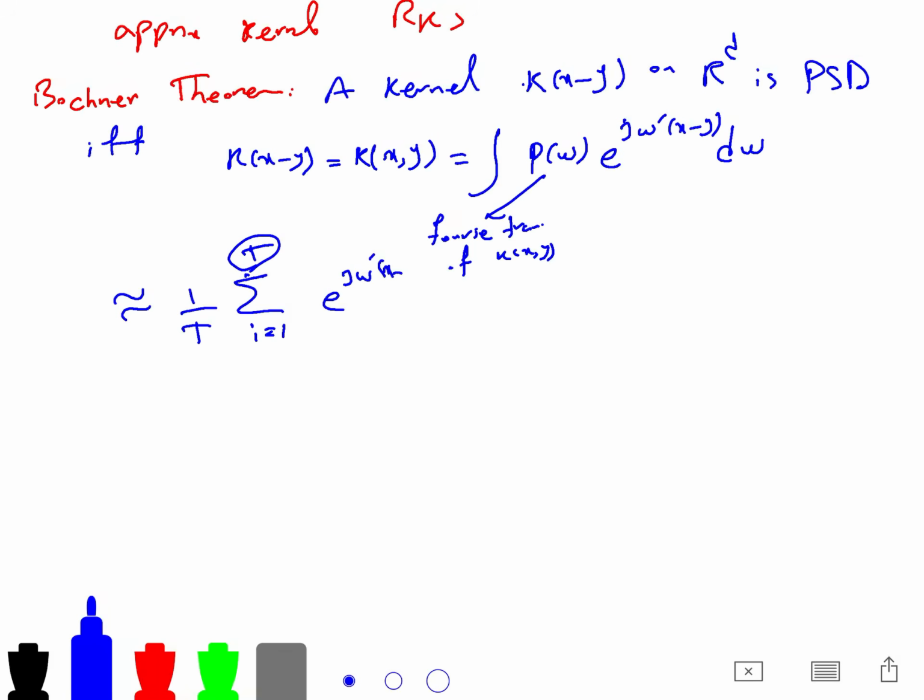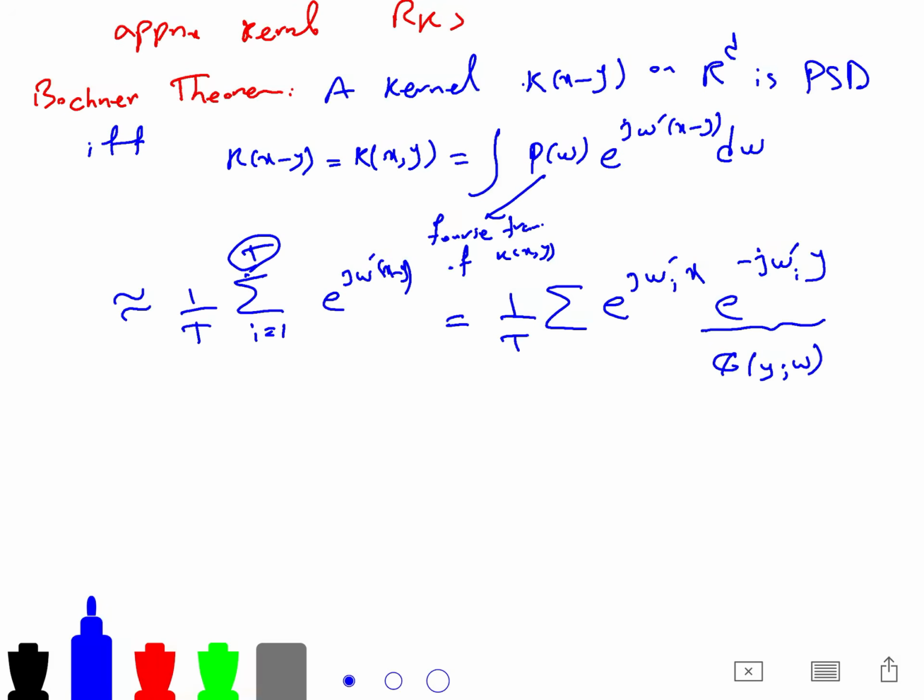e^(j omega prime (x minus y)). Because this is the exponential function, you can write it as a product of two terms: phi of x, w and phi of y, w. These are your features, so you can write it as phi(x, w) times phi(y, w).